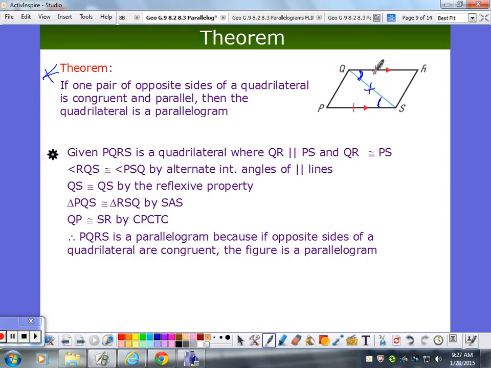So I've got side, angle, side. These two triangles are congruent. Since they're congruent by CPCTC, that means these two sides are congruent. So both pairs of opposite sides are congruent. Therefore, it must be a parallelogram. So it's a nifty little theorem to have. You never know when you're going to need it.